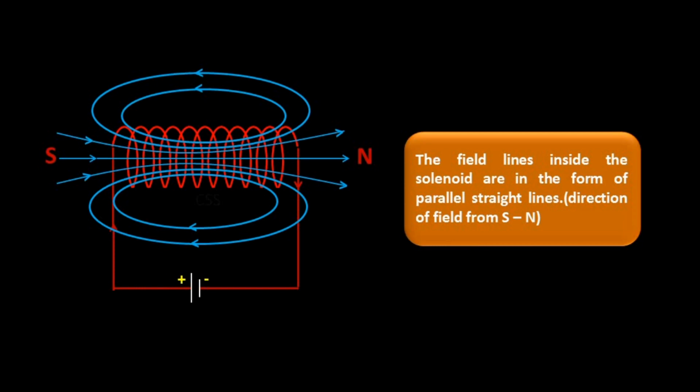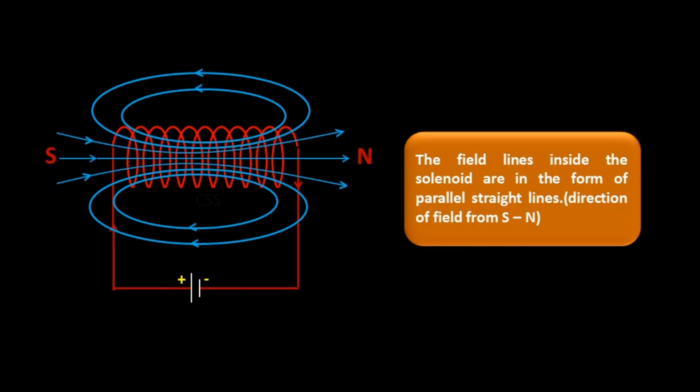Outside the solenoid, these magnetic field lines are similar to the magnetic field lines produced by a bar magnet, and their direction is from north pole to south pole. This is another similarity.